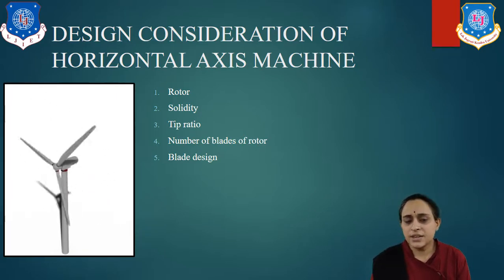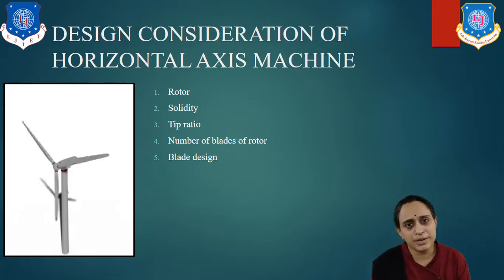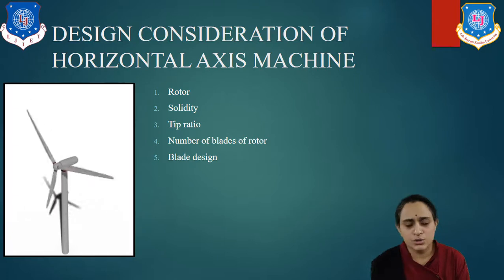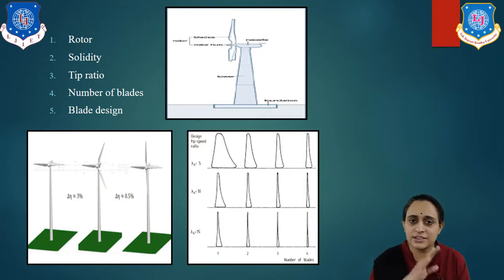A wind turbine's rotor may have any number of blades, single or 2 or 3 or 4. Generally, initially blades were made of wood, but now they are made of metal or polymer structure.